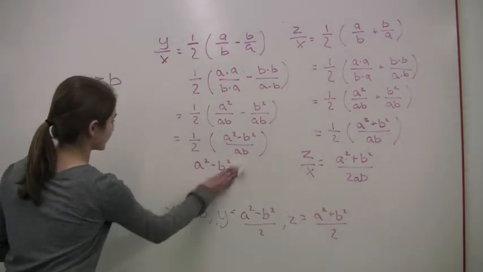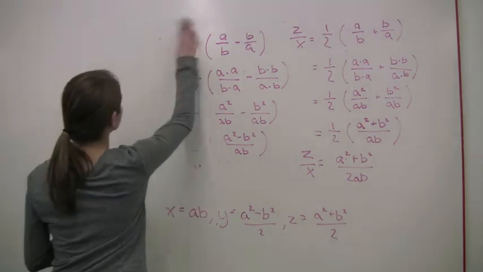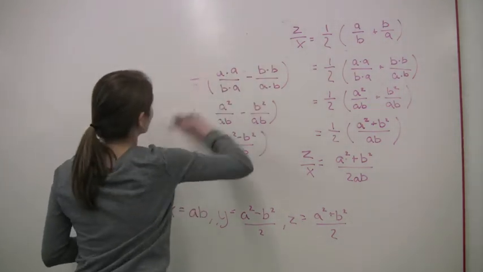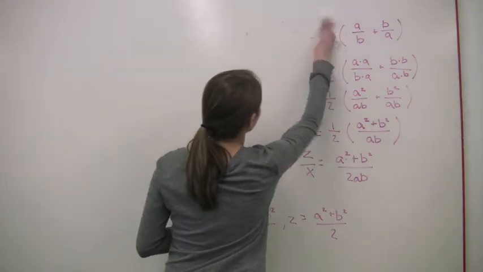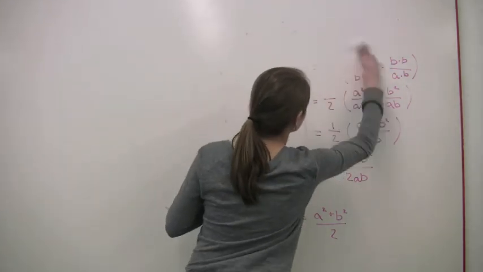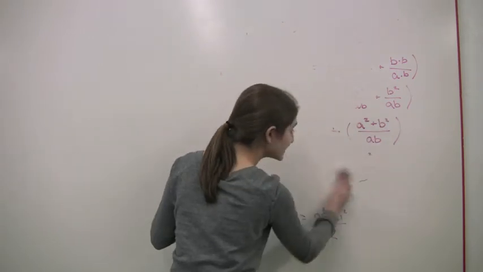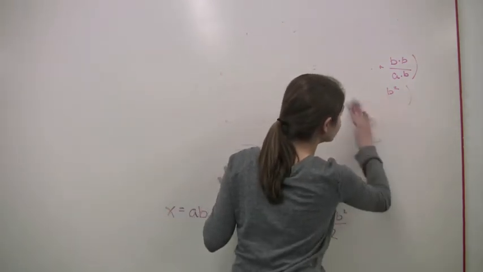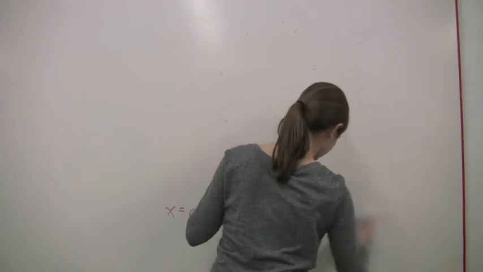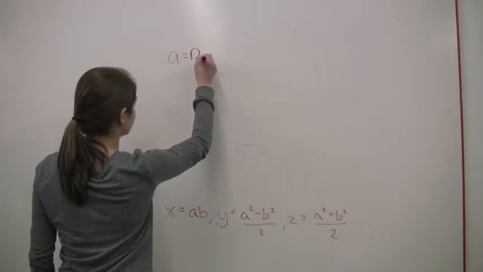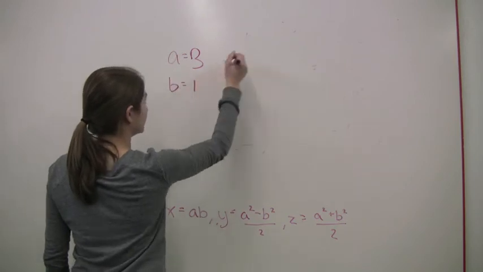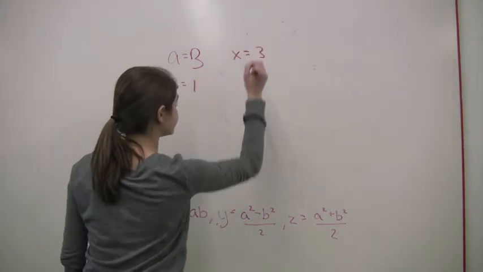Let's erase this work. We will have a equal to 3 and b equal to 1. Thus, x equals a times b, which will be 3.